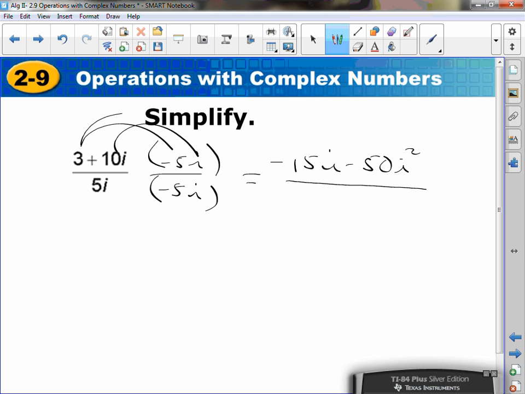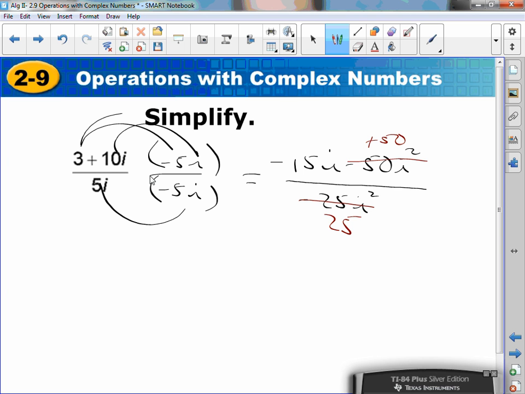On the denominator, what's 5i times negative 5i? Negative 25i squared. What do I know about i squareds? It's negative 1, so it makes this one here positive 50, makes this one here positive 25.